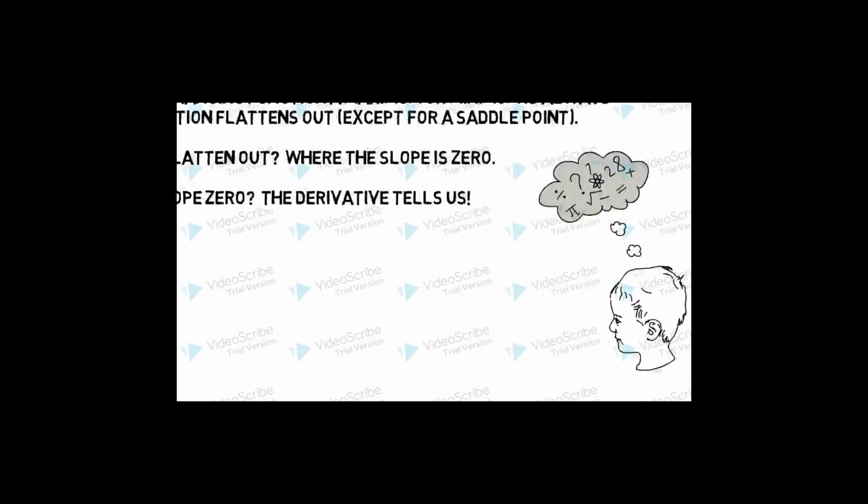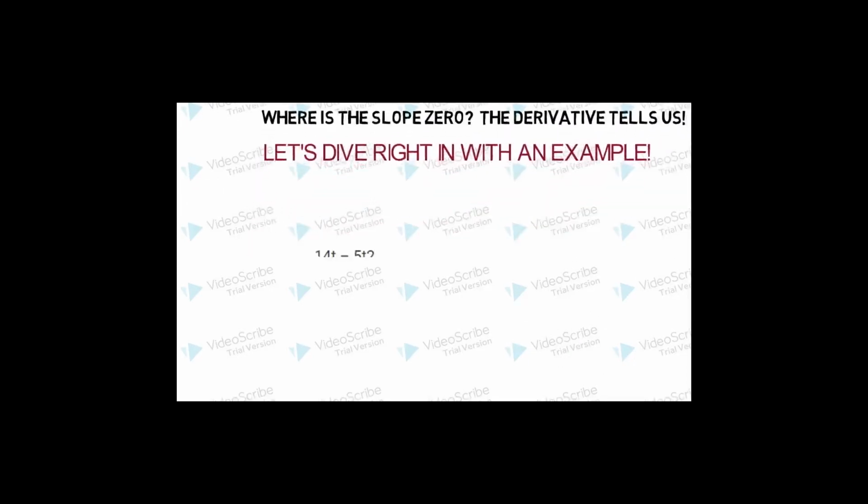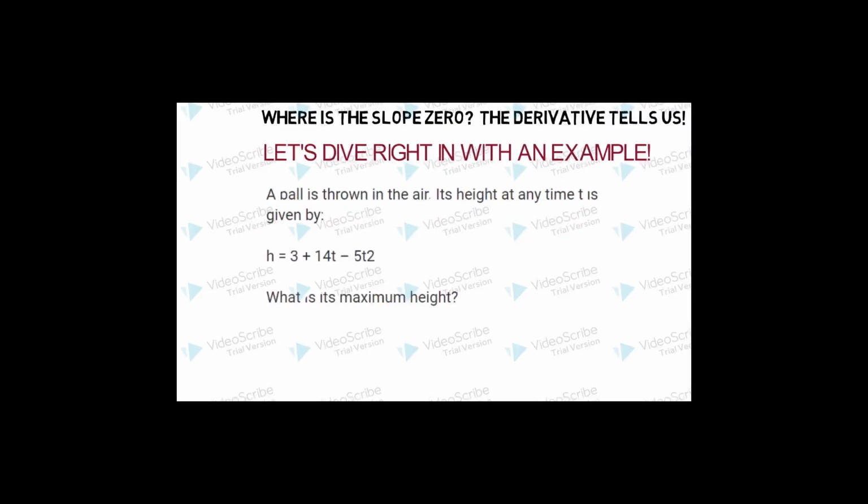Let's dive right in with an example. A ball is thrown in the air. Its height at any time t is given by this. What is its maximum height?